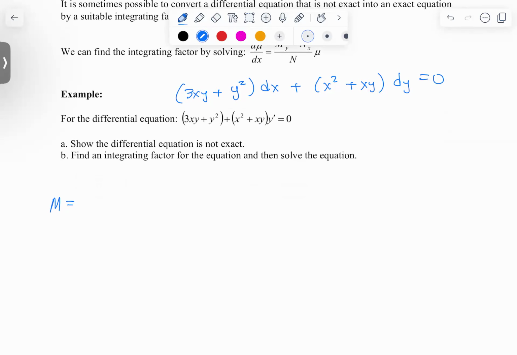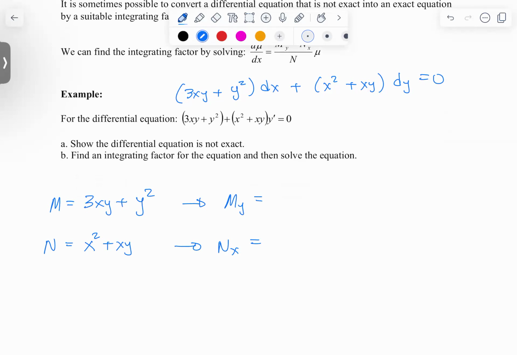So M equals 3xy plus y squared. N equals x squared plus xy. So that's dx, which means one's dy. And that's why I love it, because it's always just opposite. That's why I like that form the best.